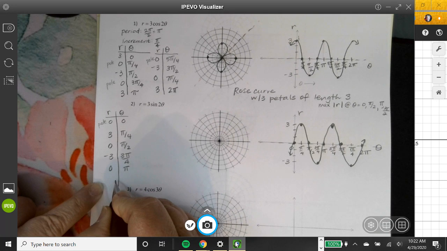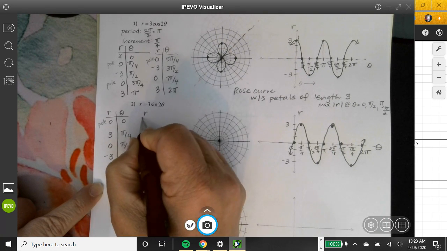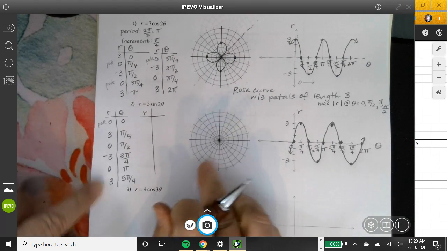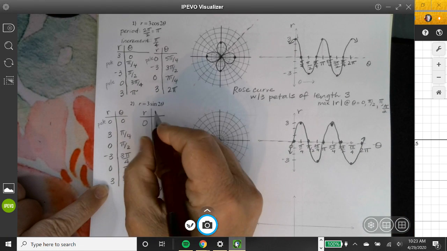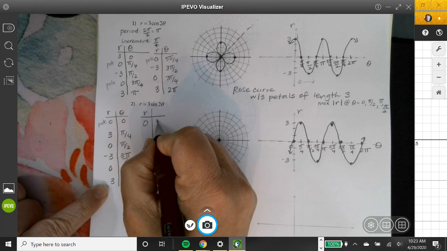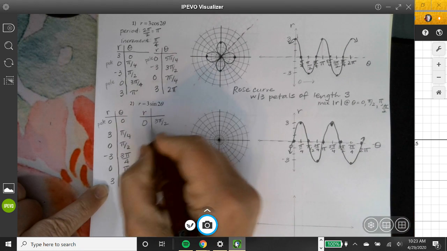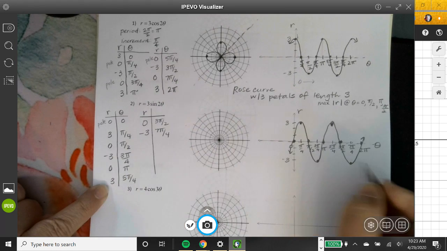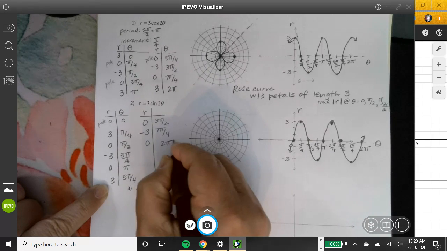And then we're at 3 at 5 pi over 4. And let's keep going because I know I need two full periods to get the whole thing. So then we go back to the pole, and this is 3 pi over 2. And then we go to negative 3 at 7 pi over 4. And then we're back to the pole at 2 pi.